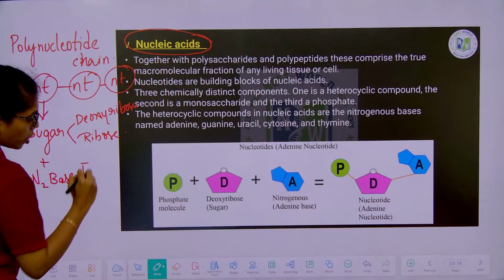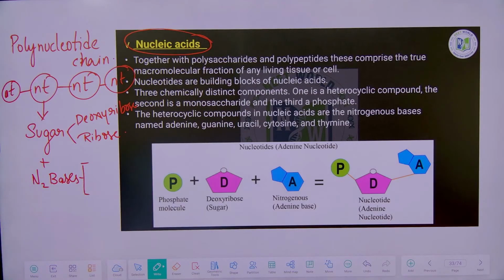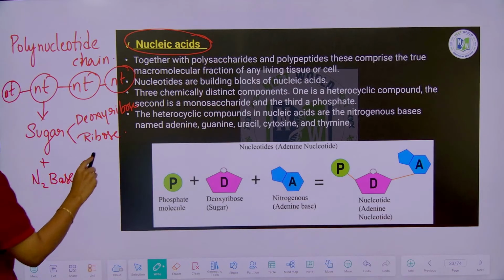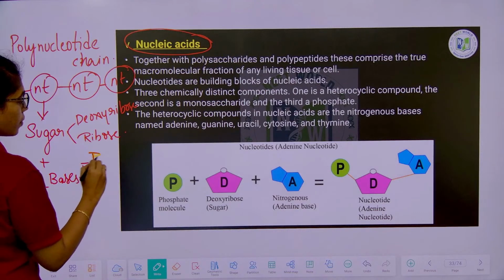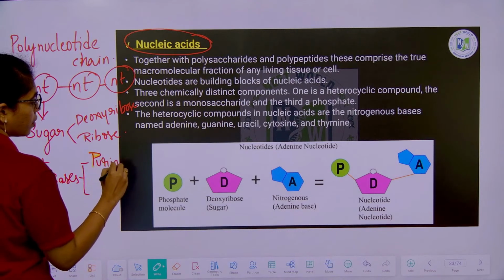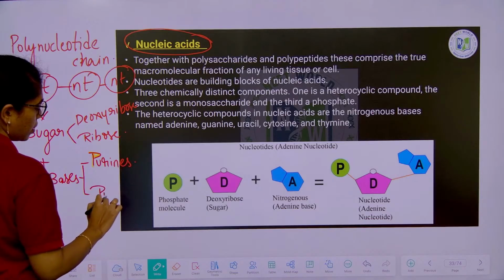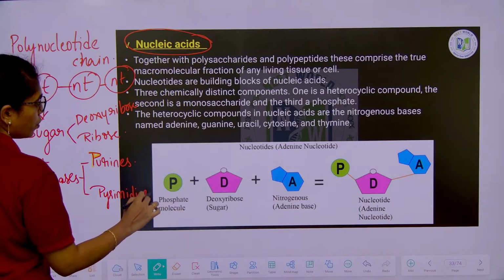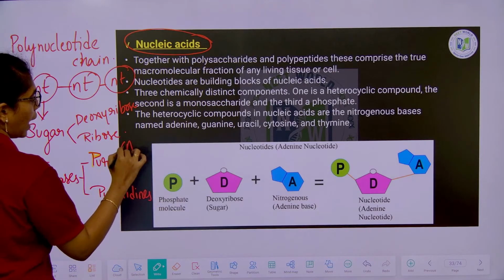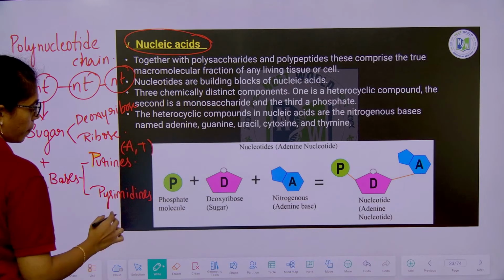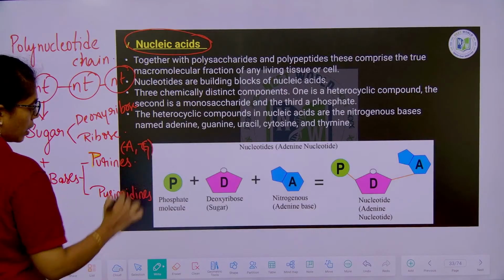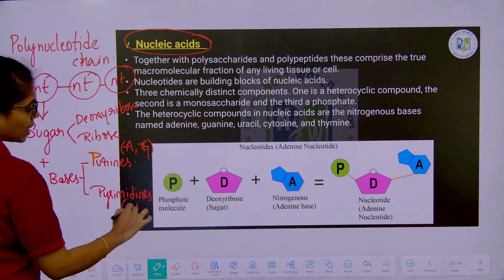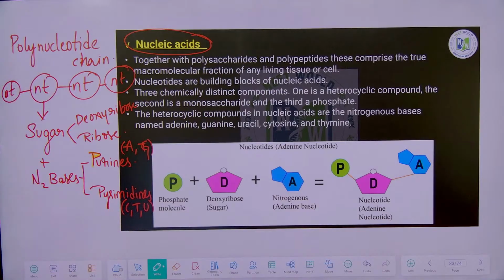What are the types of nitrogen bases? Purines and pyrimidines. Purines include adenine and guanine. Pyrimidines include cytosine, thymine and uracil. After this, what do you have? Phosphate group.